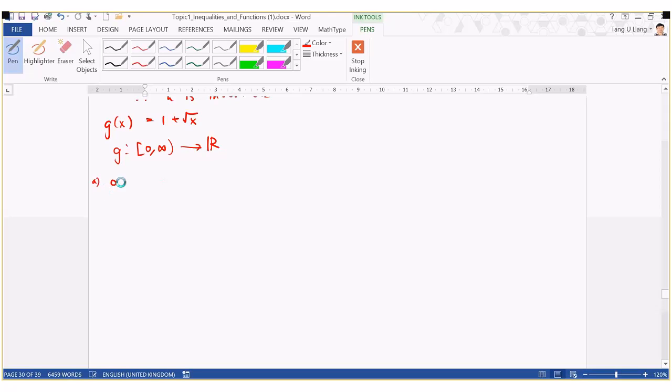Not R plus, okay? I mentioned already, R plus is not the same as 1 to infinity. It cannot be R plus because the minimum output of the square root is 0, and then you add 1. So the minimum will be 1. The range is 1 to infinity.